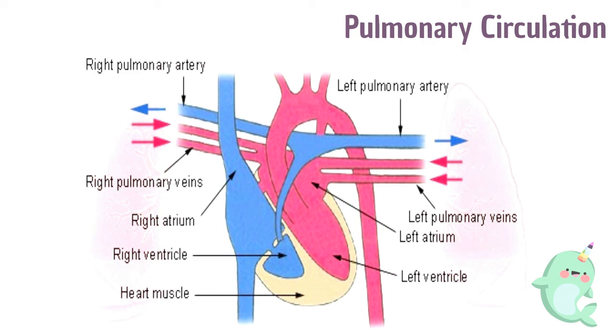Those are the blood cells that came from the cells in your body, and they just deposited oxygen to those cells, so they have very low oxygen levels. While the color red is assigned to oxygenated blood. These are the blood cells that just came from the lungs, so they just replenished their supply of oxygen and have very high levels of oxygen.